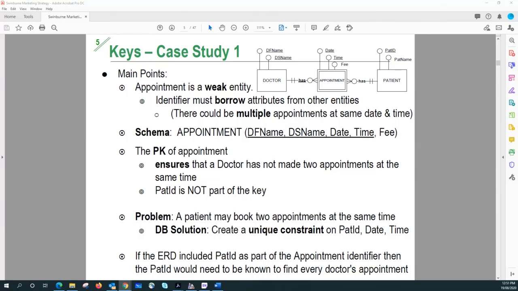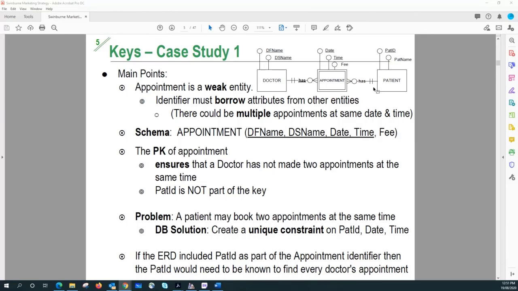That means if the patient tries to book another appointment at the same date and the same time, we will get an error message saying the unique constraint has been violated, right? That is how we overcome that particular problem.